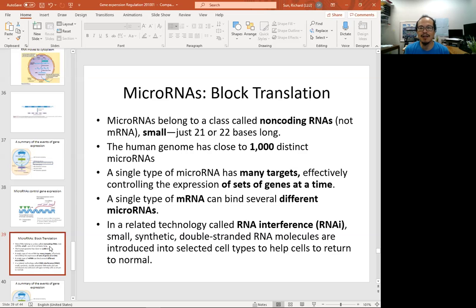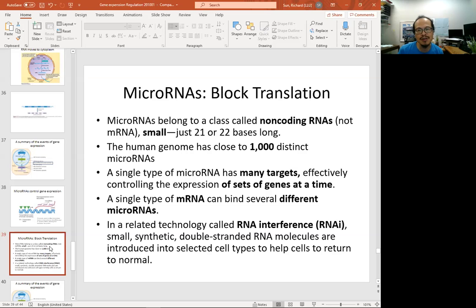Even though we go through all the process to produce this RNA, and it is ready to be translated to become protein, at that moment microRNA can control the translation. If they bind on it, it cannot be translated.